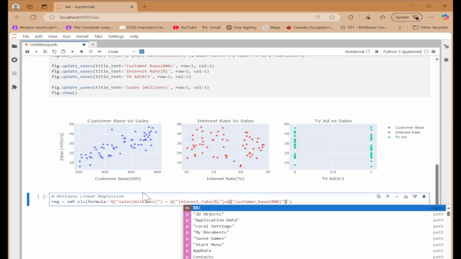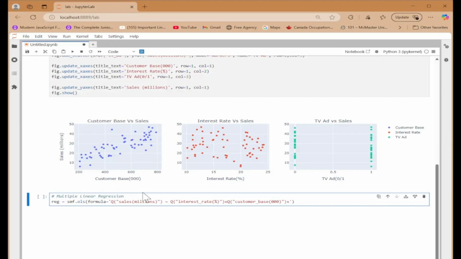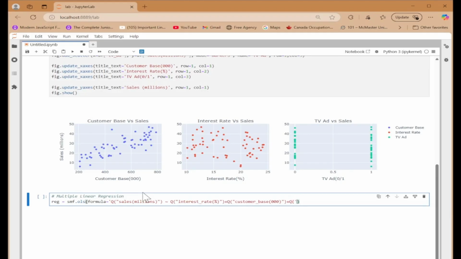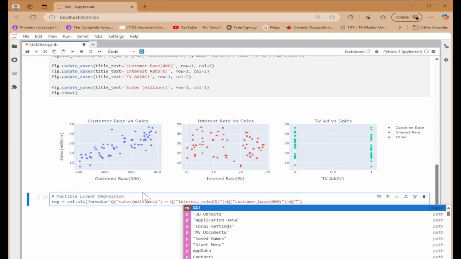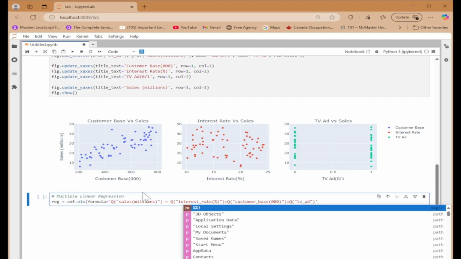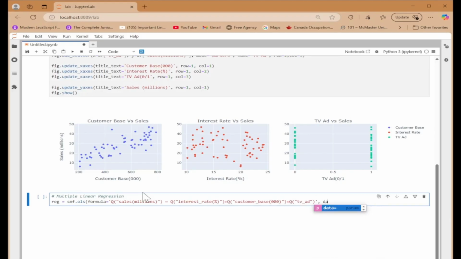Plus, what is the other? TV ad, right? Q TV ad. Close the quote. Okay, comma. Data equals df.